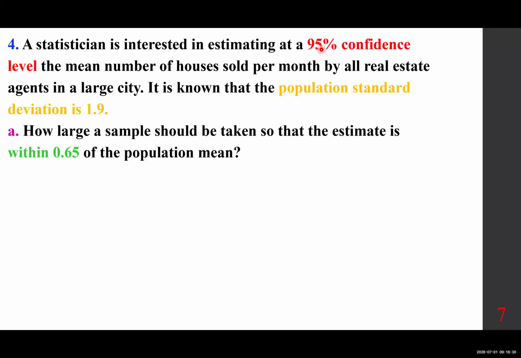We start with this one. This is confidence interval. So the confidence interval is 95%. This one is sigma equals 1.9. And this is E. So that's given symbolically. Now, here's the formula you find in your formula sheet.